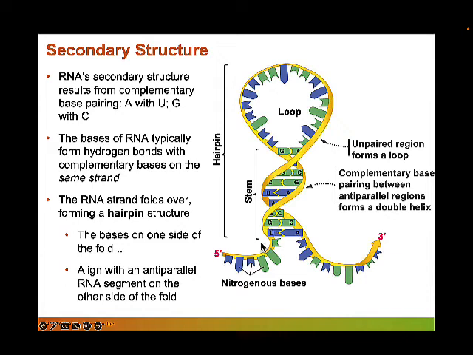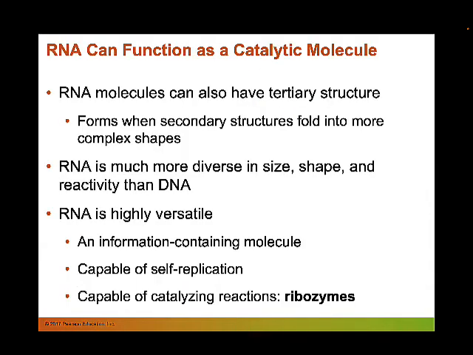So what happens is you have a single strand of RNA, and you have complementary base pairing occurring between a strand that essentially turns over and then wraps around on itself. So complementary bases pair between anti-parallel regions of a single strand. So this structure here can contribute to some of the functions of RNA.